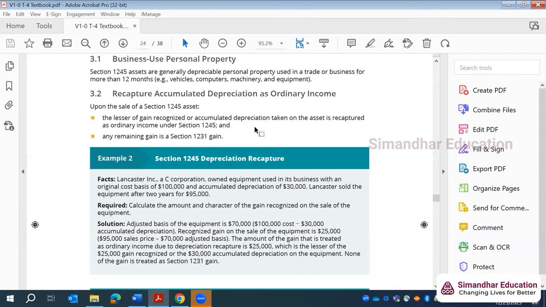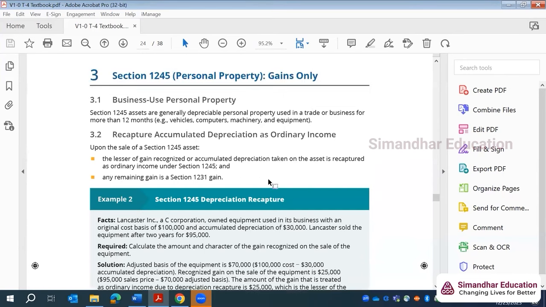If that's the case, we will call it recapture of depreciation and it will be a Section 1245 gain, which will be ordinary in nature. Anything over and above the actual purchase price of the asset is going to be your Section 1231 gain, which will be capital in nature. So your Section 1245 is on gains only.